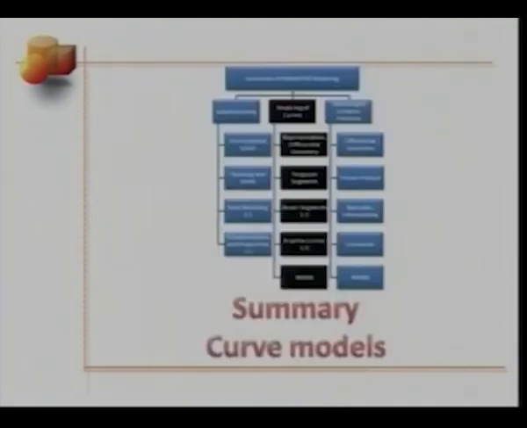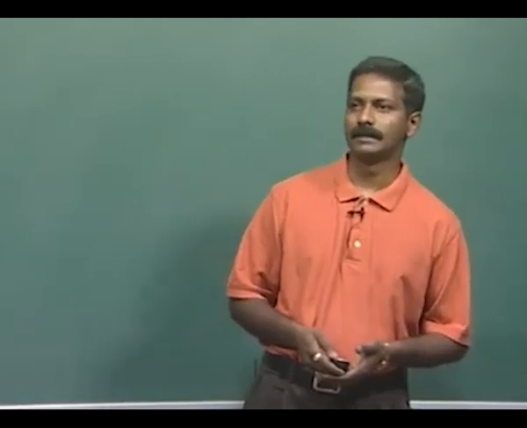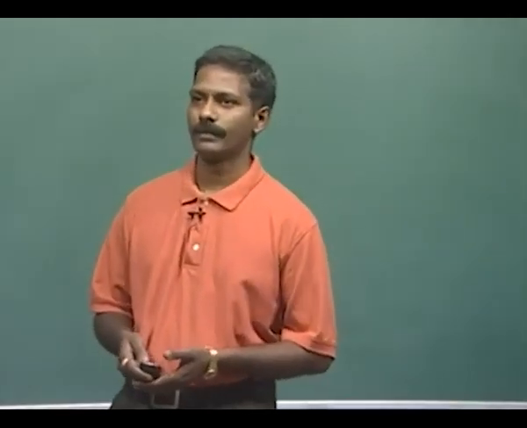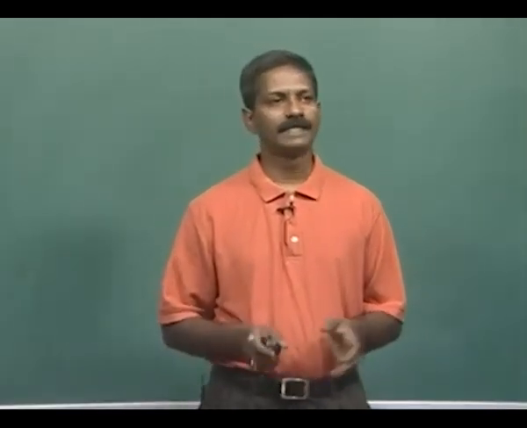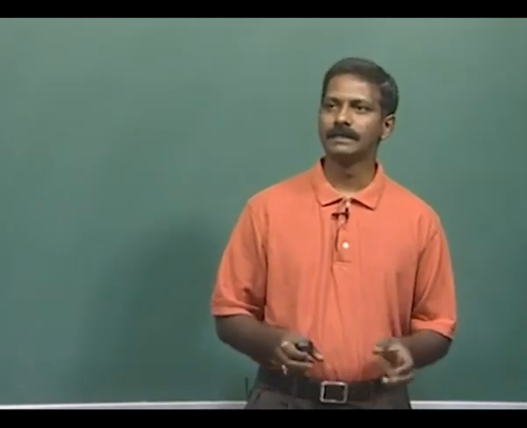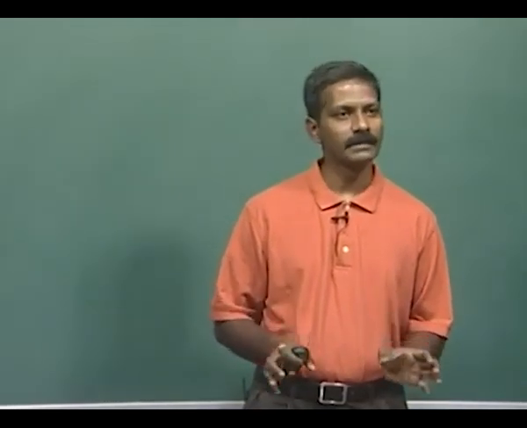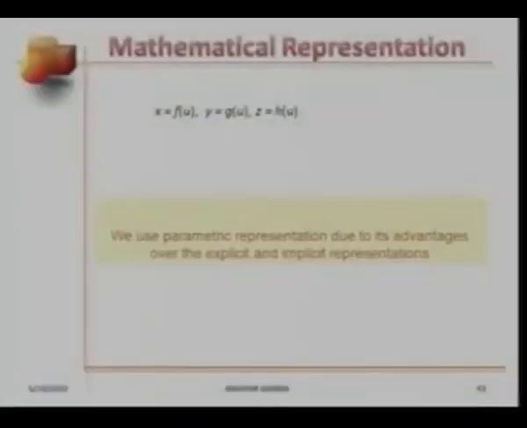We now come to summarize the matter in the second column pertaining to curve models. We had spent quite a bit of time in this. We established that we needed a nice mathematical representation scheme, and we said it was the parametric representation scheme that was important for us.